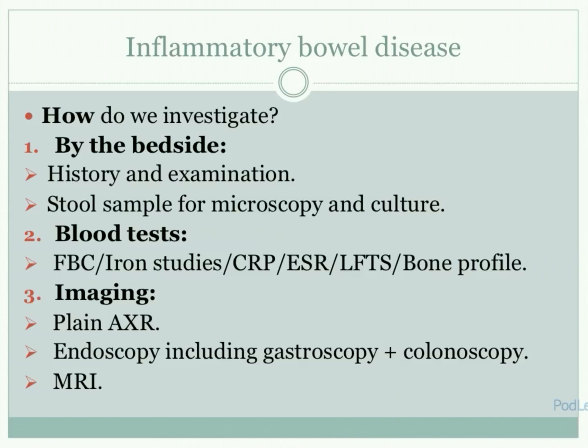Nowadays we can also do MRI scans, and the use of MRI is becoming more common in the investigation of inflammatory bowel disease, as it allows us to identify fistulae or strictures within the bowel.